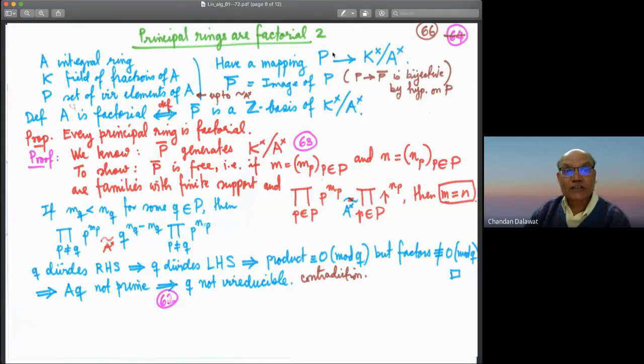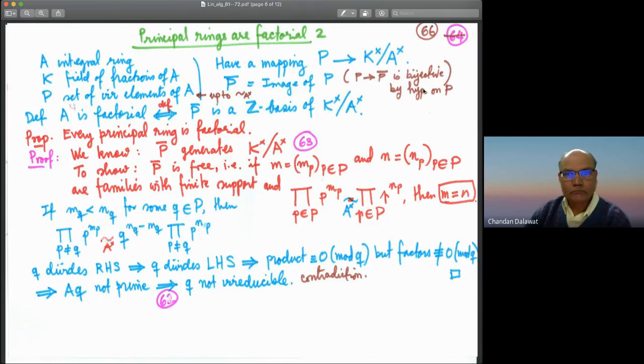And of course, it's a subset of K star, the group of invertible elements in the field K. A star is a subgroup, so I can take this quotient K star modulo A star, and P maps to this quotient. Let's call P bar the image of P. Of course, this map from P to P bar is bijective by hypothesis.